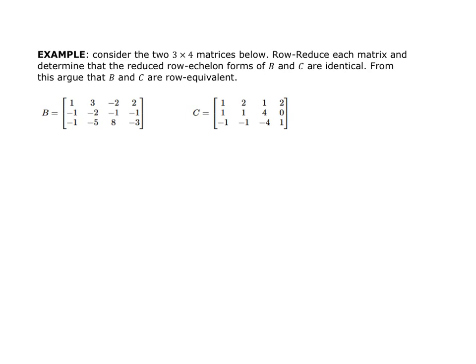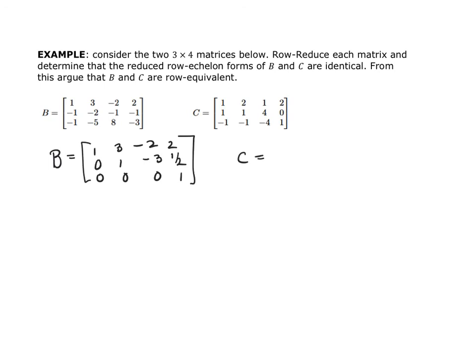The B matrix is equal to 1, 3, negative 2, 2, 0, 1, negative 3, 1/2, 0, 0, 0, 1. That's what that looks like in row reduced form.